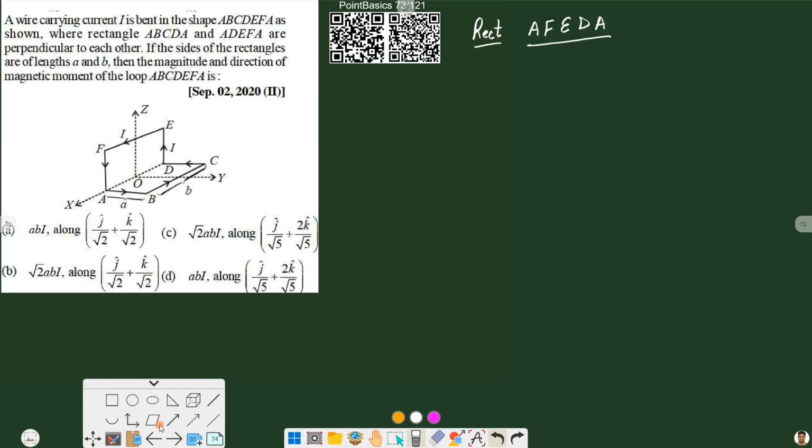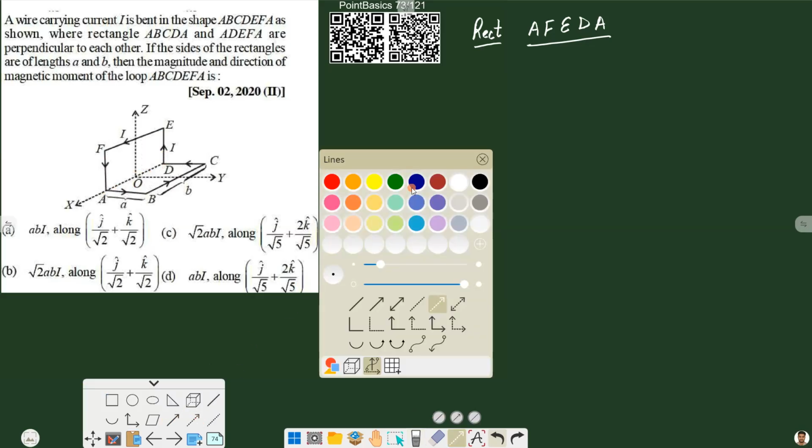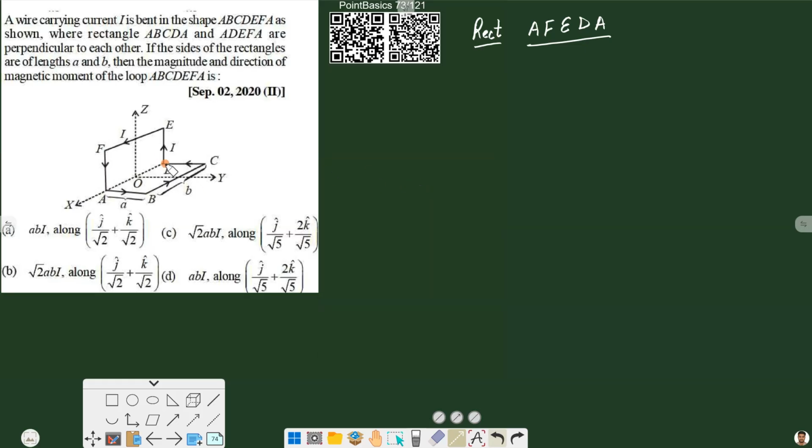And that can be done like this. The direction of current goes from E to F to A, so the direction of current should be going from A to D. So we connect A and D like this.